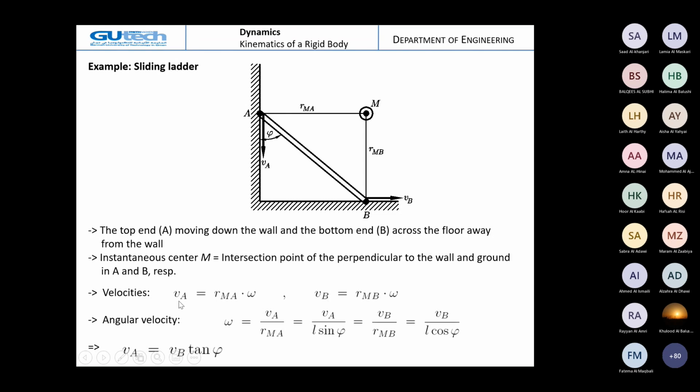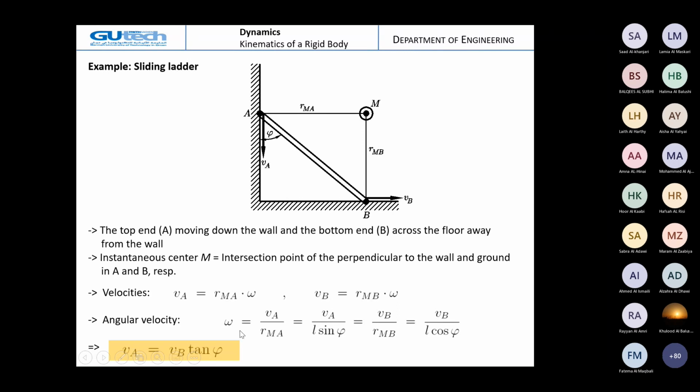Then we have VA, we can determine it. Now we know the omega, we measure the distance RMA, and we get VA. The same principle for the point B. We measure the distance RMB, multiply by omega, then we get the velocity VB.